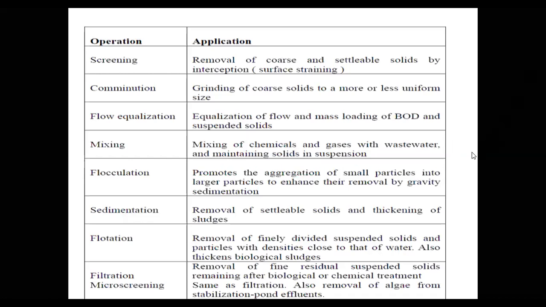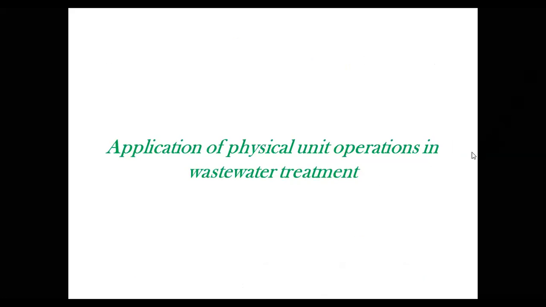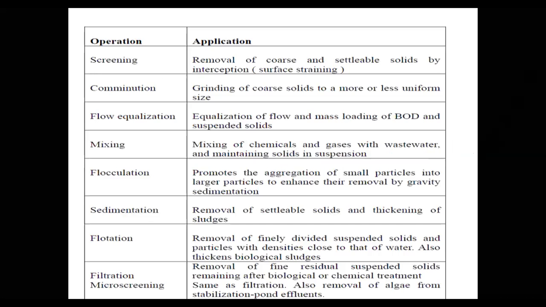The question on this topic will be like this: draw a typical flow chart of wastewater treatment. Domestic wastewater I explained. Industrial wastewater is also there. If the wastewater treatment plant is designed for industry, we call it an effluent treatment plant, ETP. And if the wastewater treatment plant is designed for domestic wastewater, we call it a sewage treatment plant.